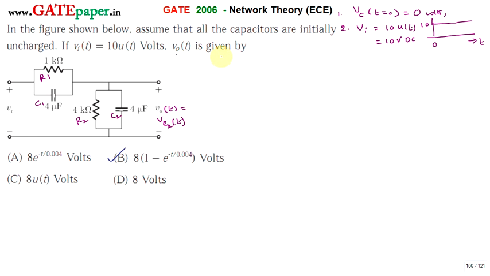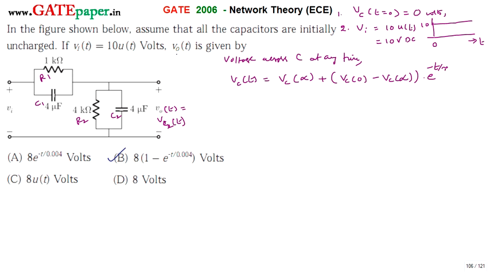So the voltage across a capacitor at any time can be written as Vc of t equal to Vc at infinity plus Vc at 0 minus Vc at infinity, into e power minus t by tau.